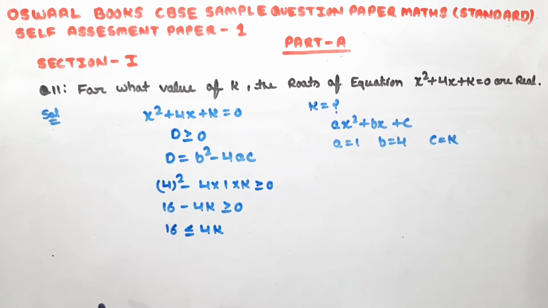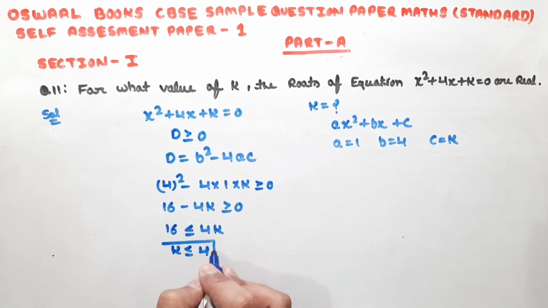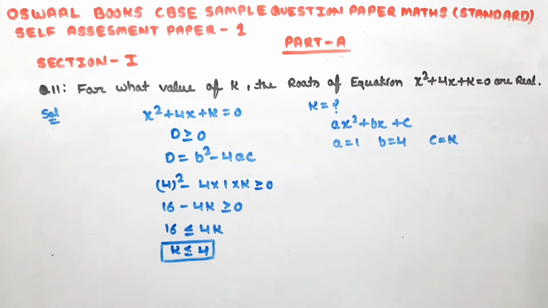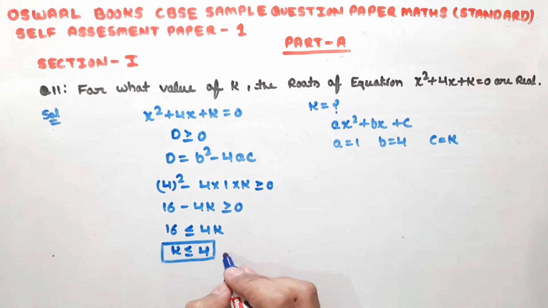So from here k will be less than or equal to 4. Hence, for the value of k less than or equal to 4, the roots of the given quadratic equation will be real. This is our answer.